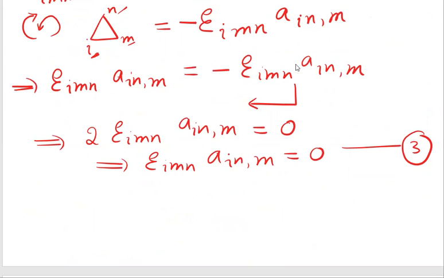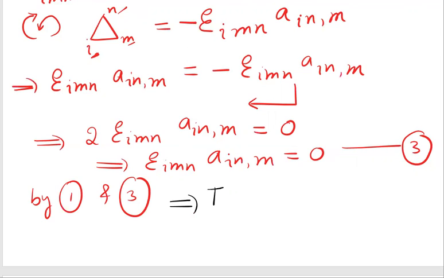Fine. So by 1 and 3, what is that equal to? Trace of curl A equals 0. That's what we had to prove now. So we proved it.